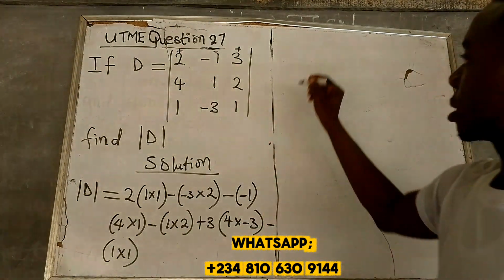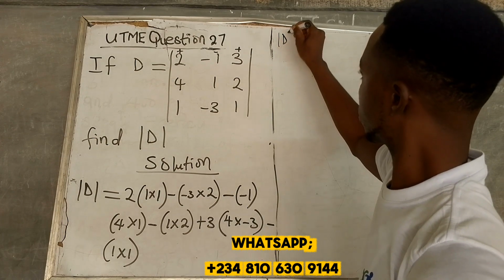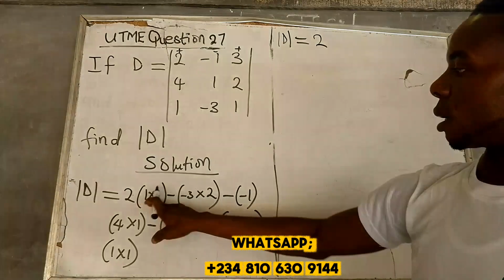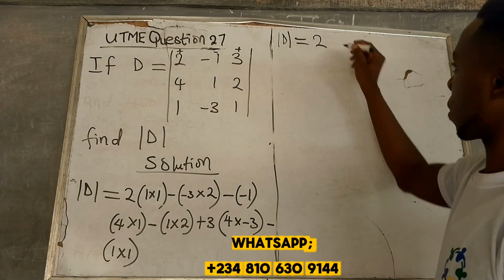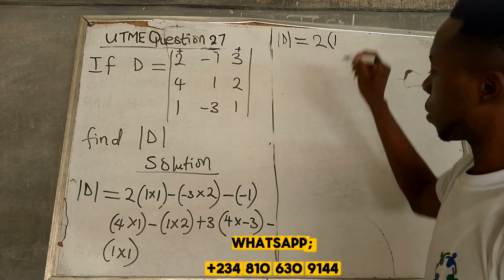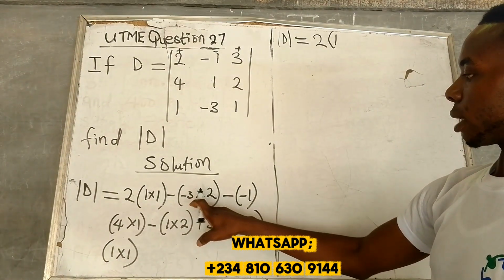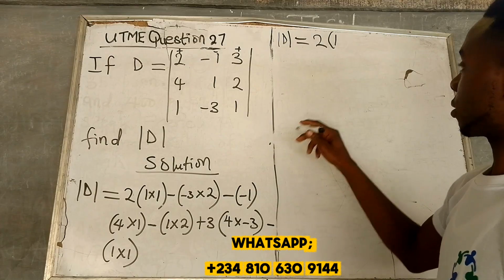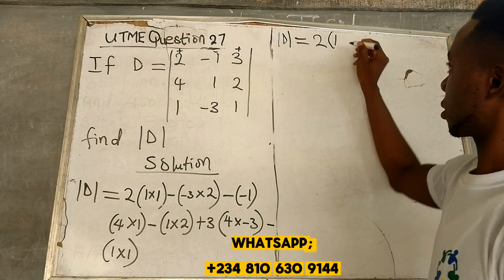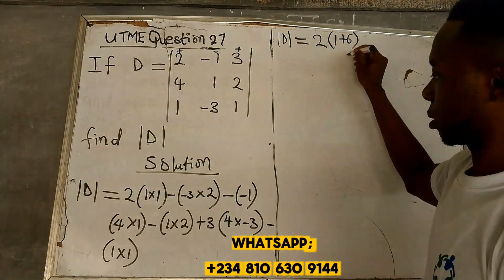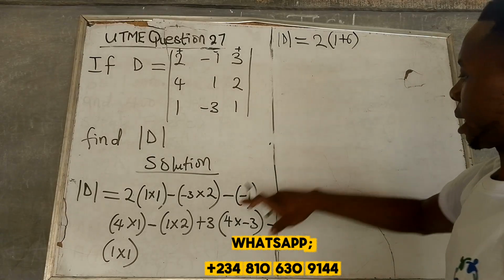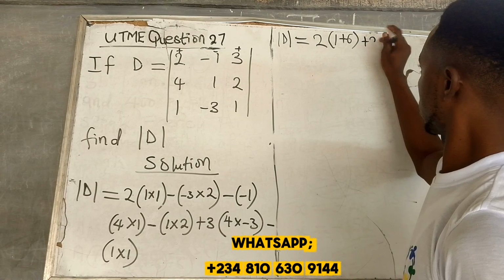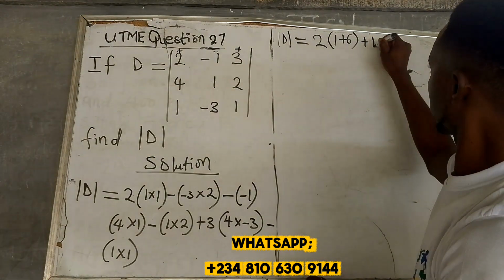From here, you expand. So the determinant of D will be equal to, bring down your 2 first. 1 times 1 is still 1. So open the bracket, write 1 minus 3 times 2. Minus 3 times 2 is minus 6, right? So minus times minus is plus 6. Then you bring down the minus, minus times minus is plus 1.